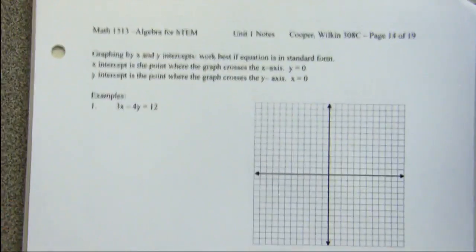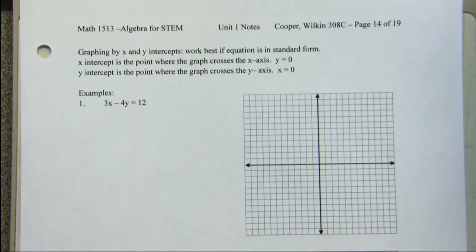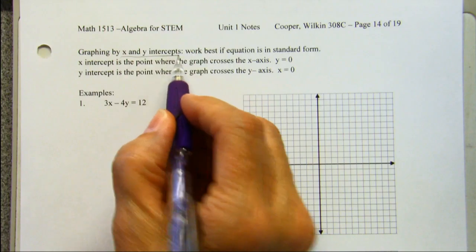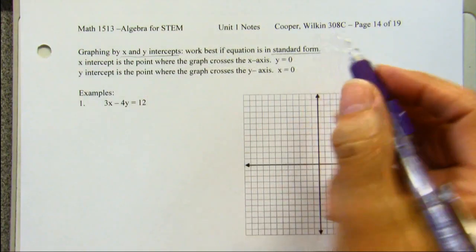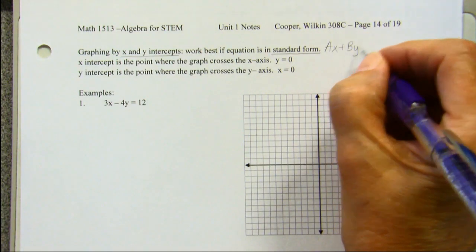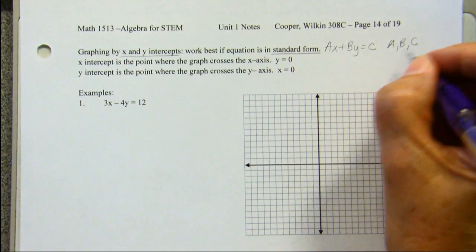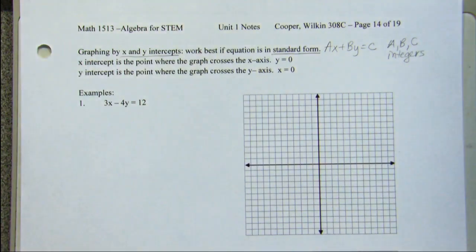All right, now let's look at an example on our last page. Okay, we're going to graph the x and y intercepts. This works best if your equation is in standard form. Standard form is ax plus by equals c, where a, b, and c are integers, either positive or negative numbers.